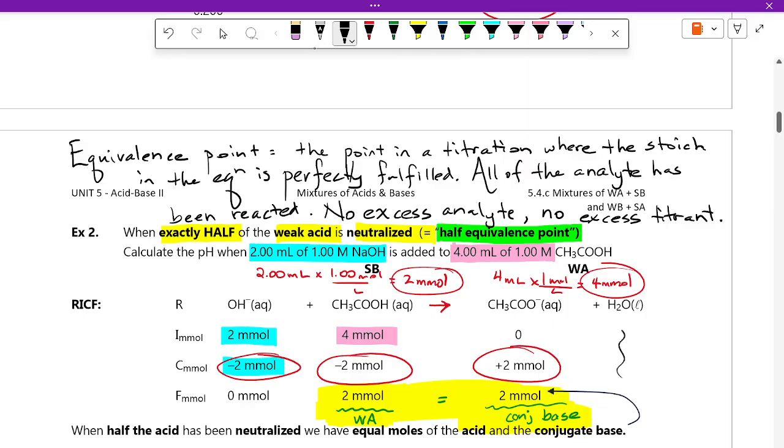If you don't like those words, you can say there's no excess of either reactant. Does that make sense? Okay, so if you're like, analyte, what? All of the reactants have reacted, and there's no leftover of either, would be another way to say that.